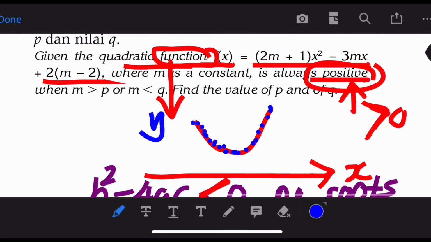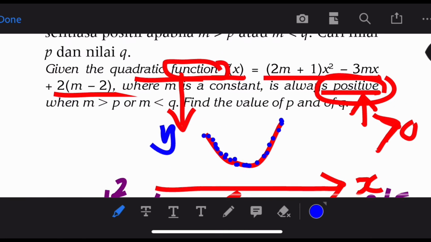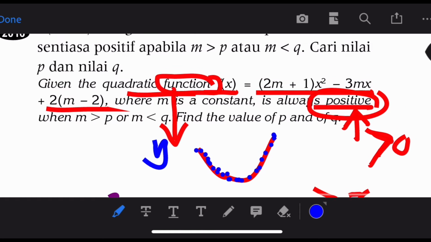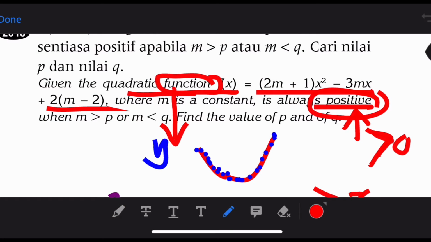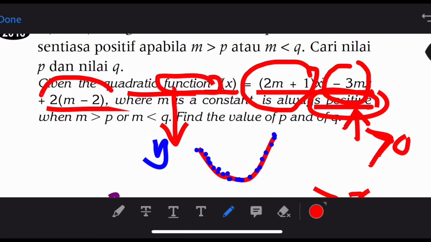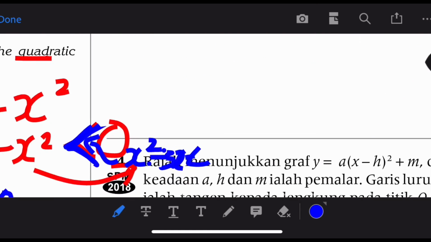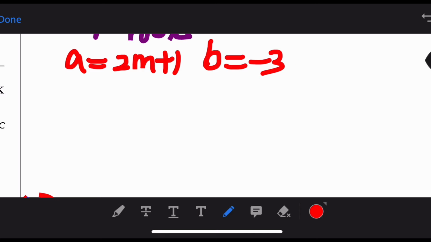So in this case, when you see a question like type of the roots, we always read out the a, the b, the c. This is a, this is b. They already arranged in order. This is c, right? So we will just use b² − 4ac < 0. Let's do it here. So a is actually 2m + 1, right? b is −3m. c is 2m − 4.